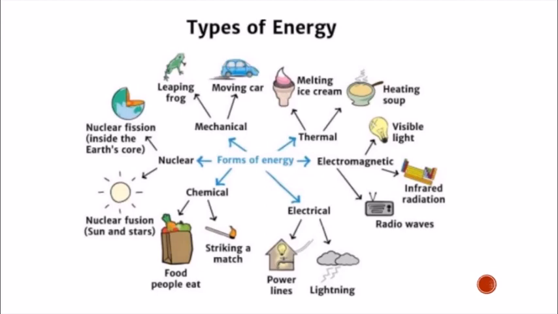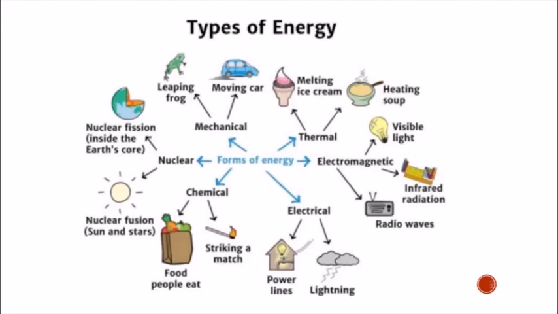Now we all know that energy is available in different forms. We have different types of energy: mechanical energy, nuclear energy, electromagnetic energy, electrical, thermal energy, and so on. In our civilization, as technology improves daily, we have developed different forms of energy, and these are useful to us in our day-to-day life.